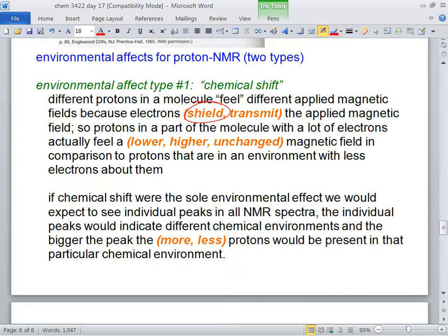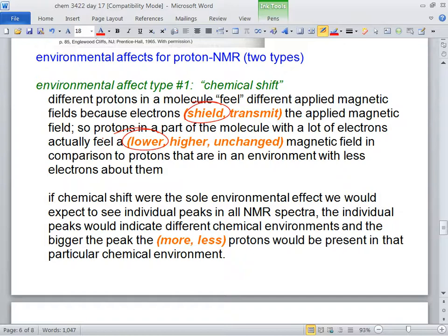So protons in a part of the molecule with a lot of electrons usually feel a higher or lower field? What would you guess? It's actual shielding, like a lead wall. Yeah, it's going to be lower, in comparison to protons in an environment with fewer electrons about them.